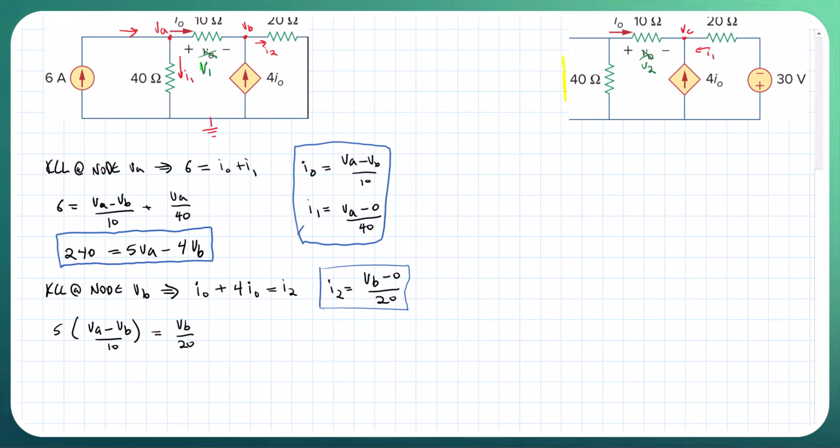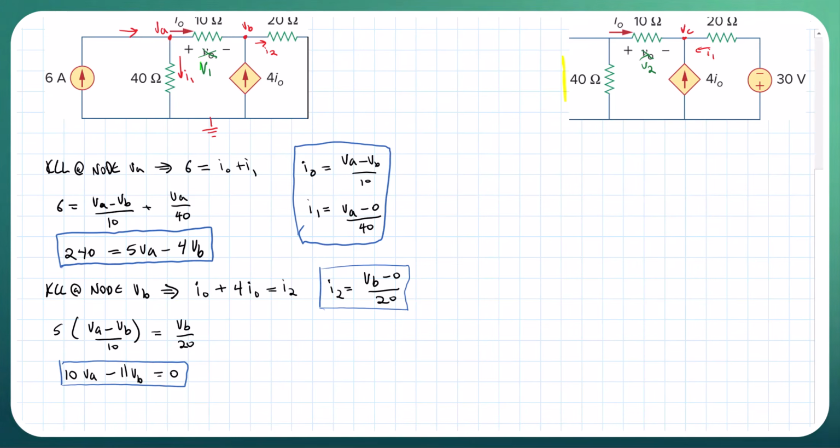You can simplify this a little bit more, and we get, I'm skipping some steps, but essentially 10 VA minus 11 VB equals 0. Okay, so I skipped some steps, but you can convince yourself that's the case by doing the math.